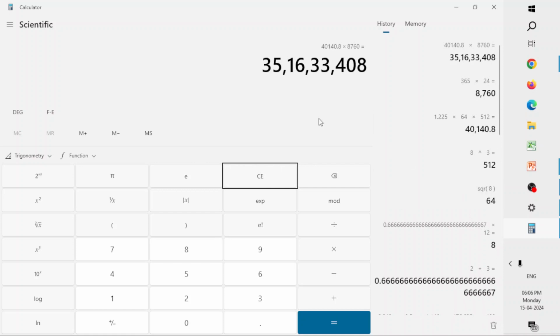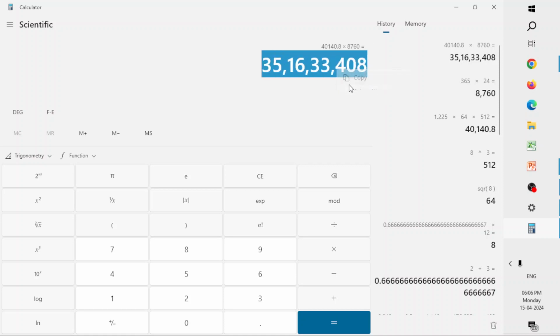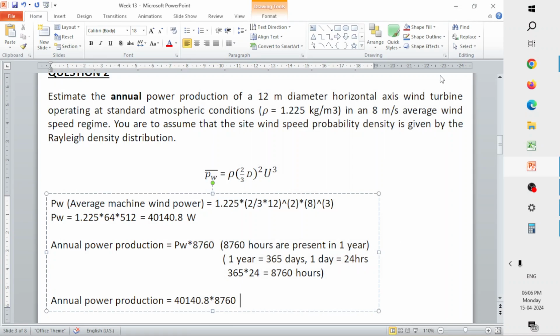So you get this much amount of watt hour. So let me just copy this. So this much amount of watt hour is the annual power production.